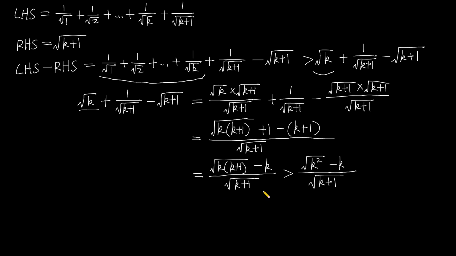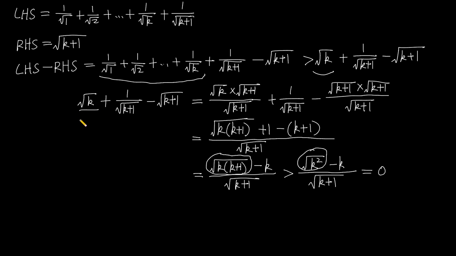The left hand side is larger than the right hand side. It's because this guy is bigger than this guy. Then the right hand side equals square root of k squared minus k equals 0. So this one equals 0.